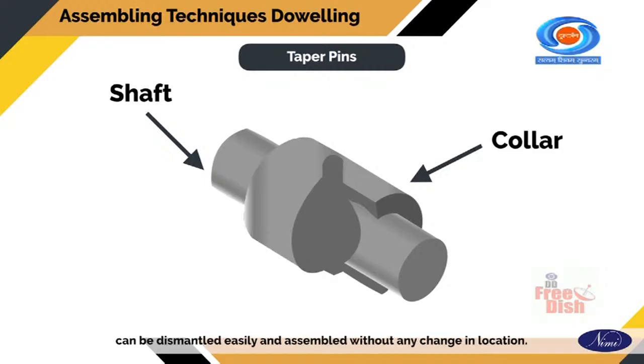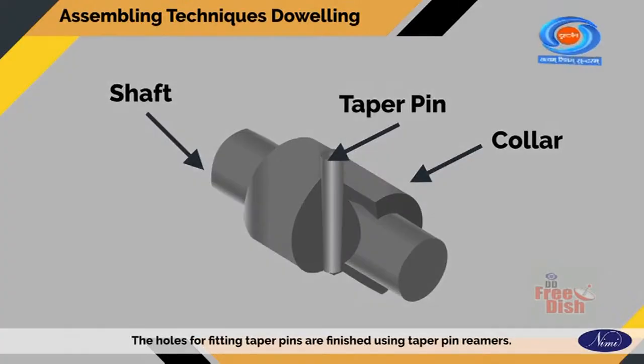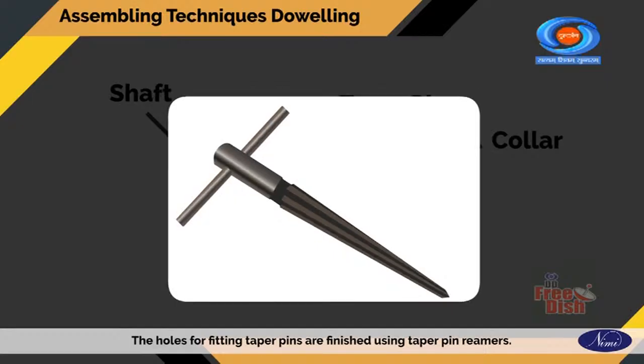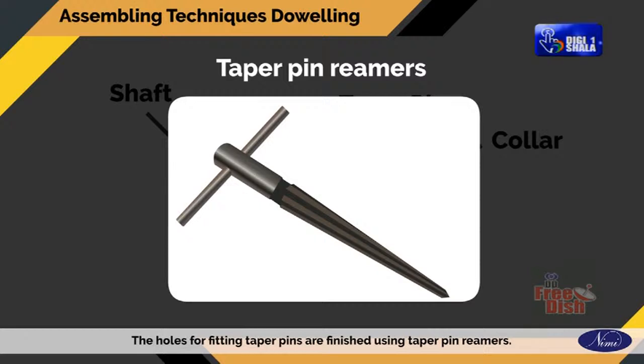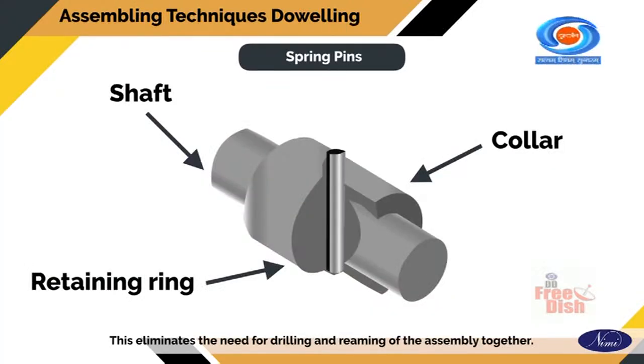Taper pins can be dismantled easily and assembled without any change in location. The holes for fitting taper pins are finished using taper pin reamers. Spring pins. This eliminates the need for drilling and reaming of the assembly together.